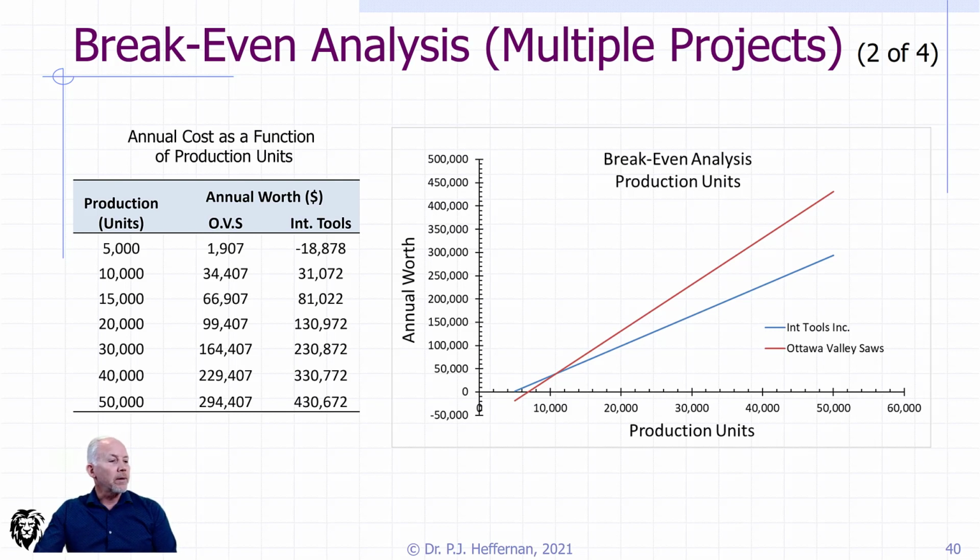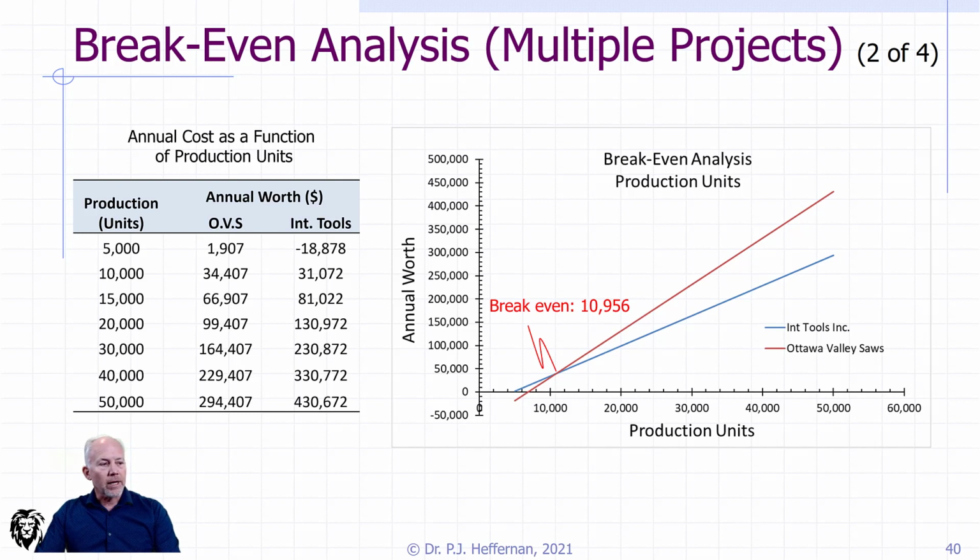In the early stages, from current production levels at 5,000 through to some value, International Tools' offer is preferable to Ottawa Valley Saws. However, at some point they transition. Ottawa Valley Saws becomes the preferred option and has a much better upside as we extend production. We're going to see a lot of profits, if you will, later on, if we do indeed realize that production growth.